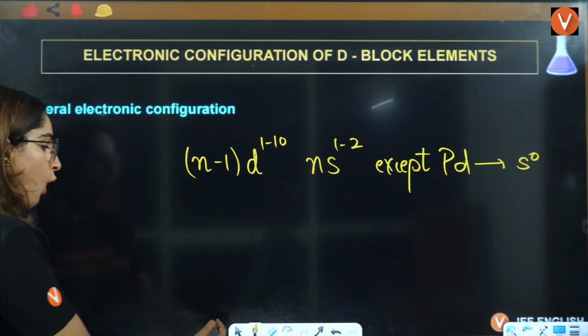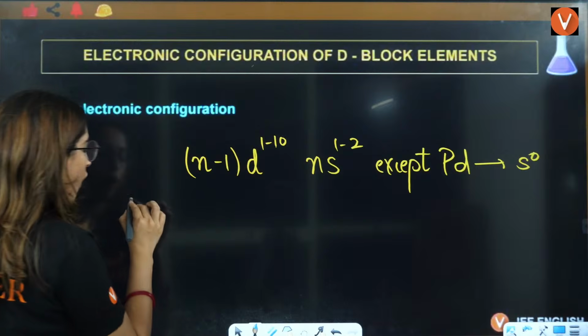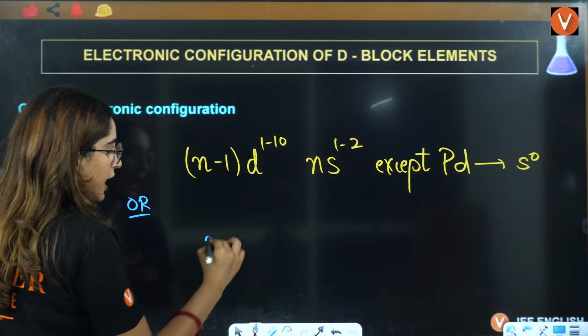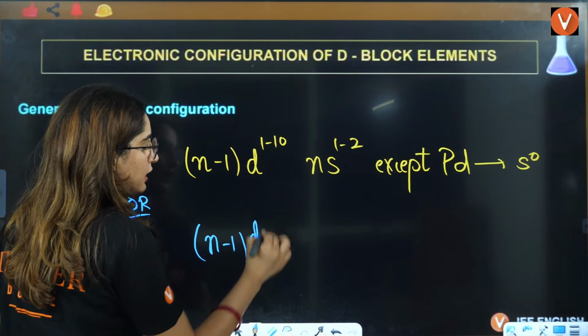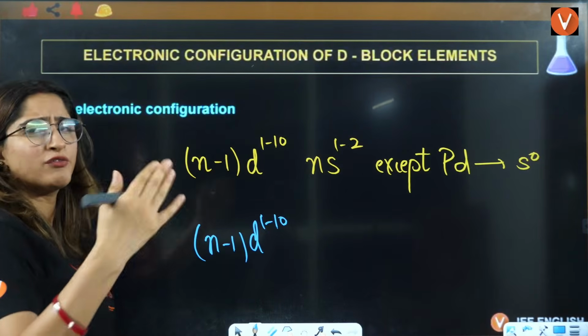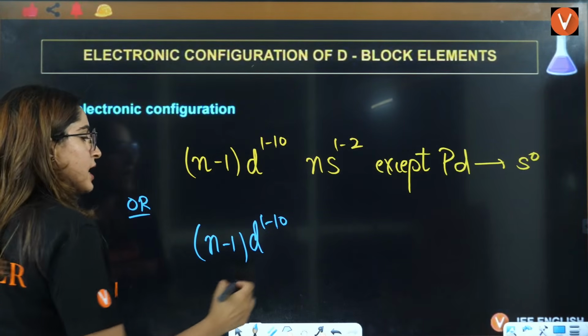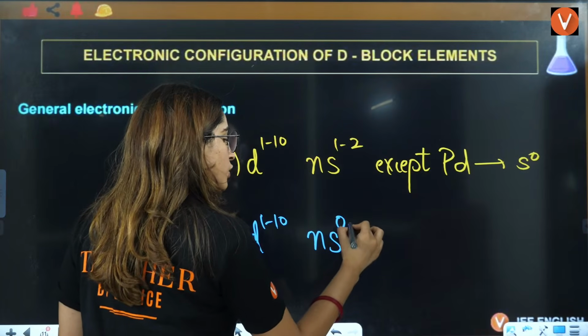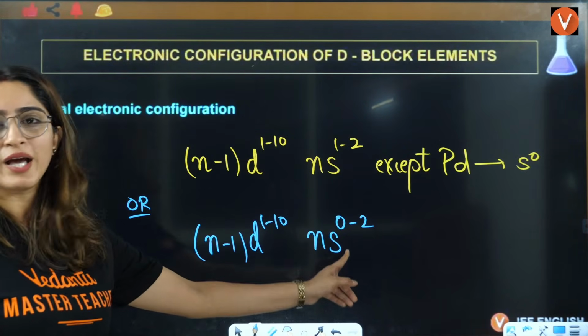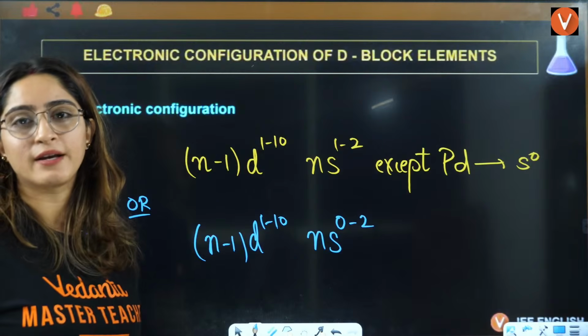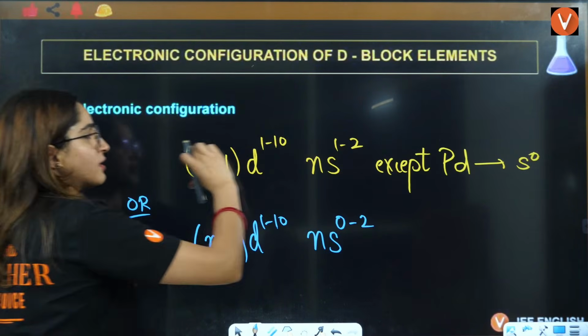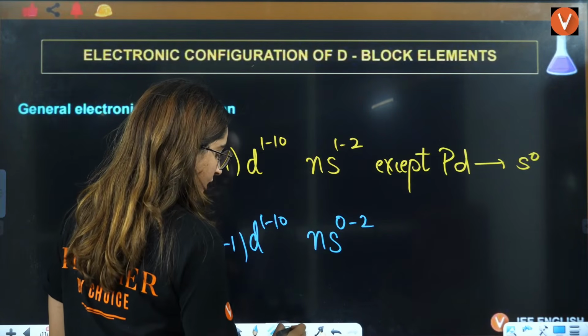Or it is also written as (n-1)d 1 to 10 ns 0 to 2. Now this 0 we are saying for palladium. In some books it is written like this, in your NCERT it is written like this.